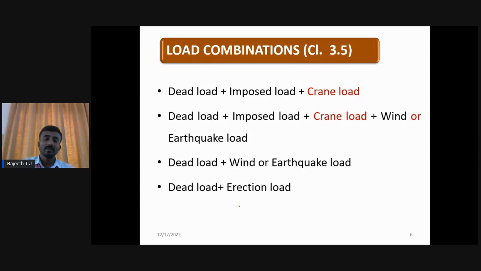The third combination is dead load plus wind load or earthquake load, and the fourth combination is dead load plus erection load. The fourth combination is exclusively for steel structures. So these are the load combinations according to clause 3.5.